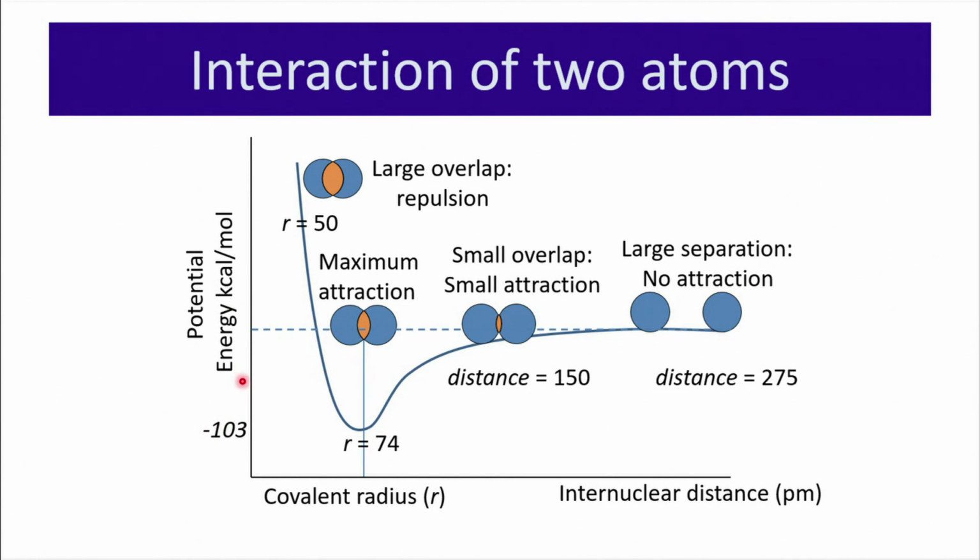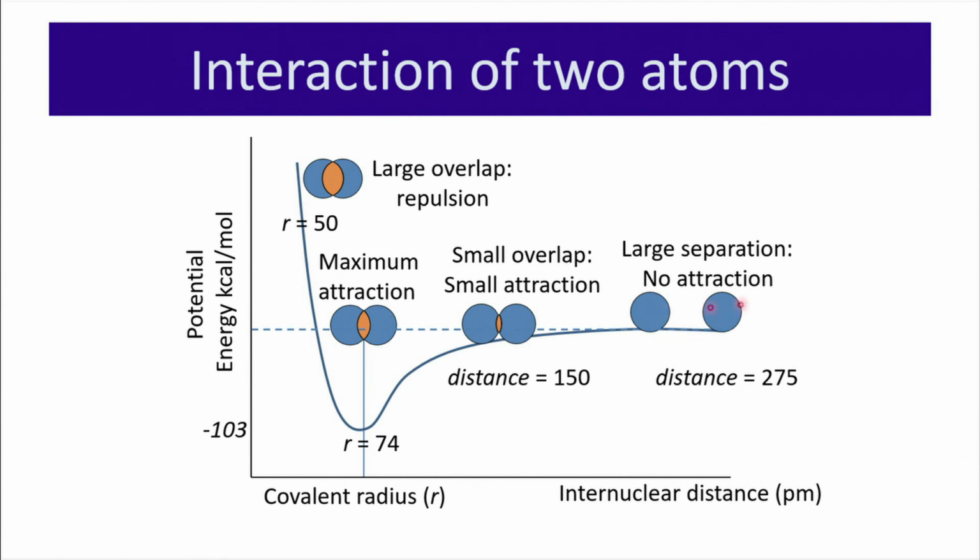When the internuclear distance is 250 picometers and above, close to 275 picometers as shown here, there is a large separation between the hydrogen atoms and there is no interaction, rather no attraction. In the previous modules we have studied that for forming a bond, we need attractive interaction between the interacting atoms.